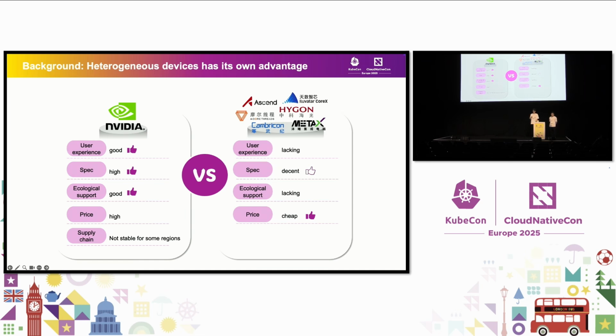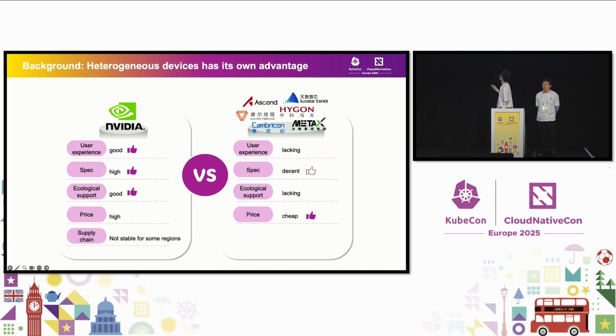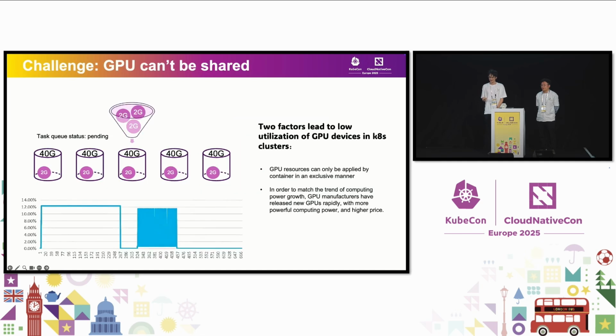And of course, they are not as high-spec as Nvidia, and the user experience may not be as good as Nvidia, but it is very cheap, so we can use them at the production level as well, and it has decent performance. Yes, but here we meet a challenge: the GPU can't be shared in traditional Kubernetes.